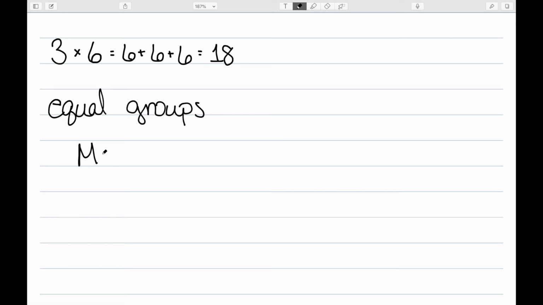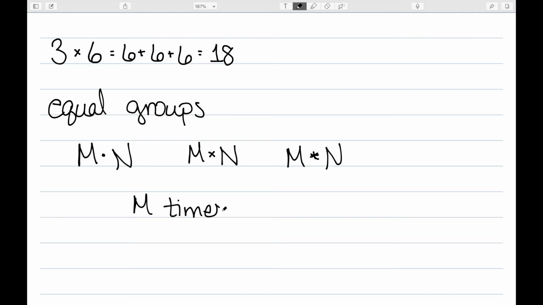So we have a few different ways we can denote this: m·n, m with a little x, n, or m with an asterisk and then n. All three of these are ways of saying m times n.